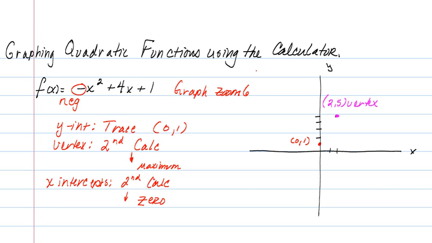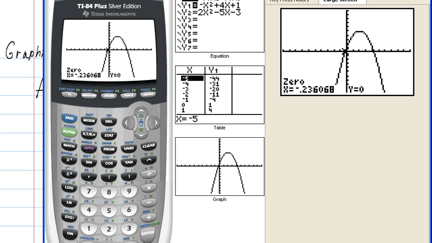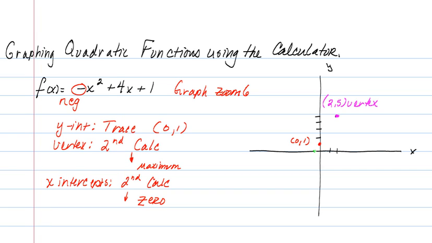So over here on my graph, I have a y-intercept, an x-intercept of negative whatever that value was, 0.236. Yeah, I mean, we'll just estimate where that is, but that x-intercept is negative 0.236. So that's one of them. But there's going to be another x-intercept over here.